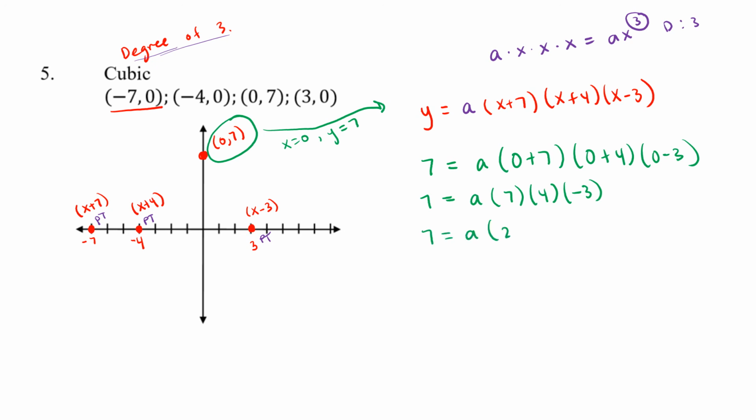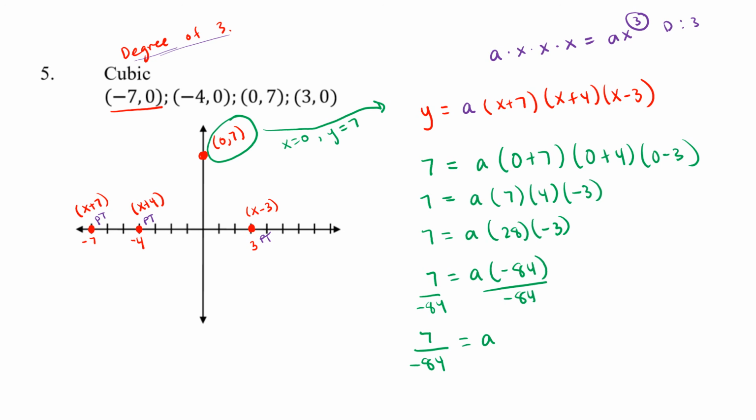7 times 4 is 28. And then 28 times negative 3 is negative 84. And then we divide both sides by negative 84. Which almost finishes our problem here, but we always want to check if we can reduce.